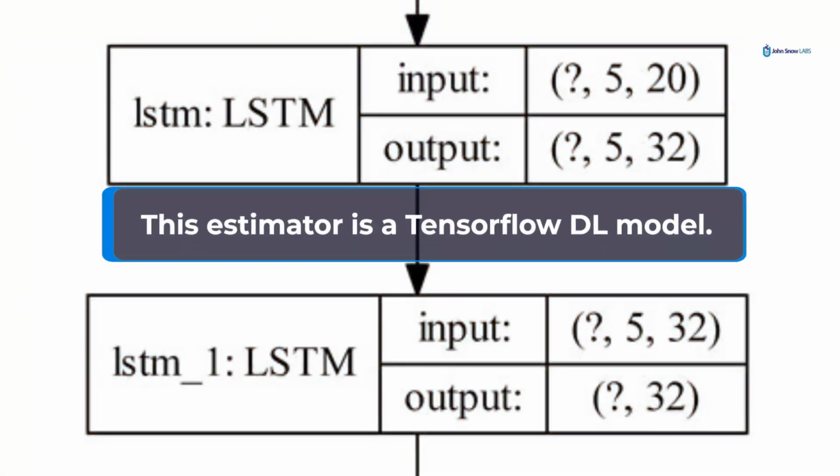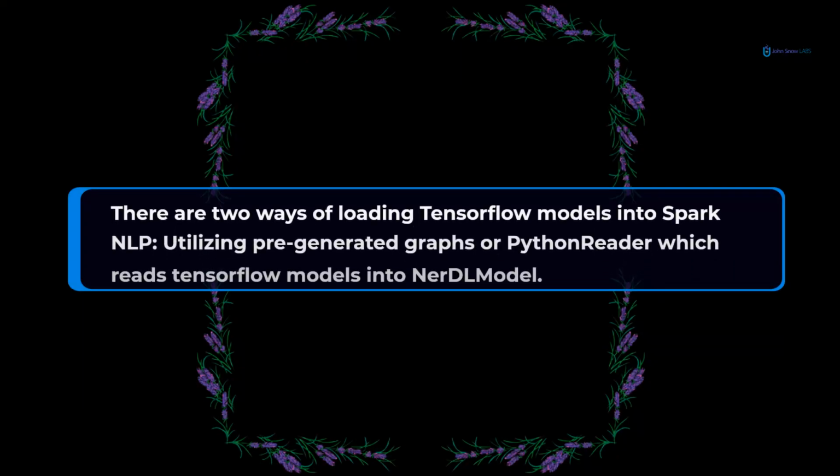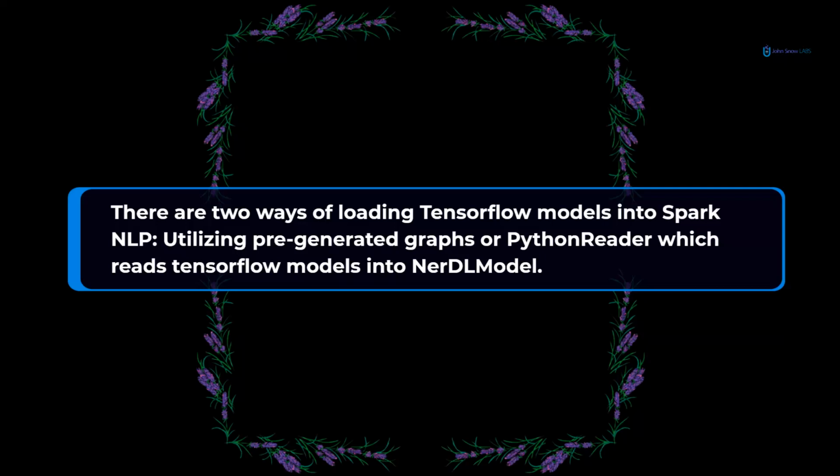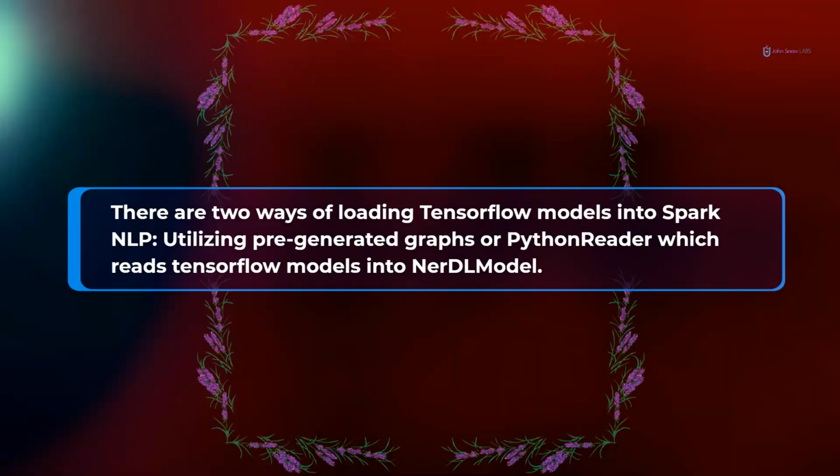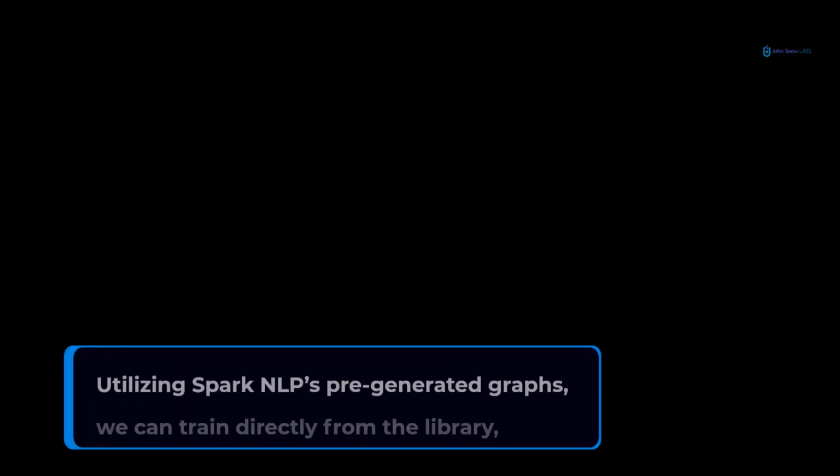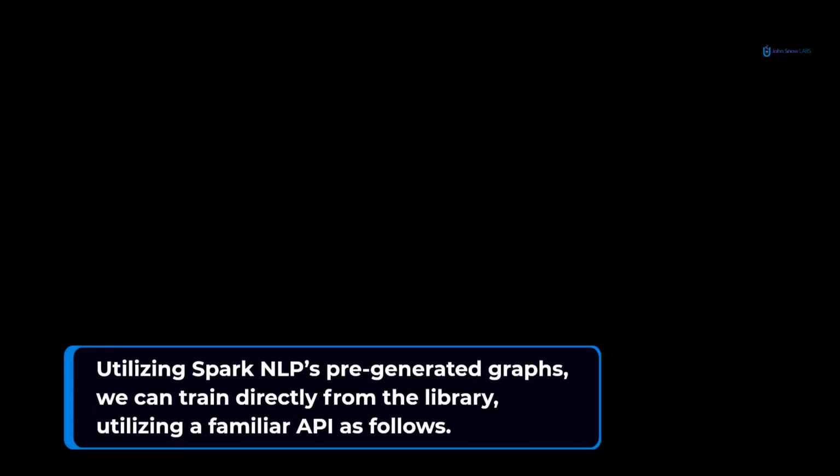This estimator is a TensorFlow DL model. There are two ways of loading TensorFlow models into Spark NLP, utilizing pre-generated graphs or Python reader which reads TensorFlow models into NER model.